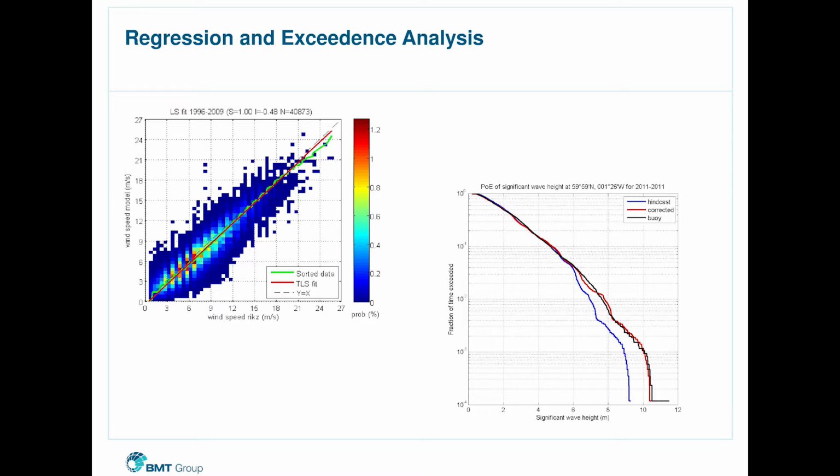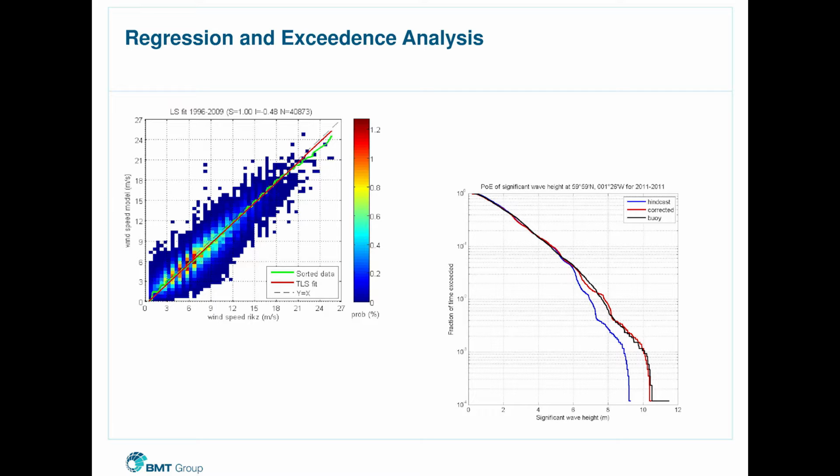In the left-hand diagram, we're just using a simple linear regression to look for any systematic bias and scatter in the data. And in the right-hand diagram, we're overlaying the probability of exceedance distributions of the model hindcast in blue, and in this case it's a buoy based set of measurements.